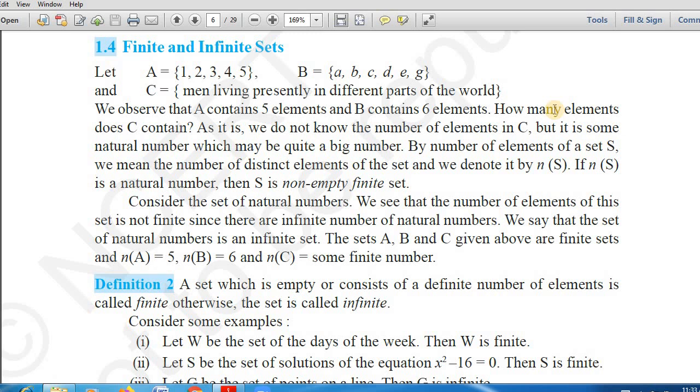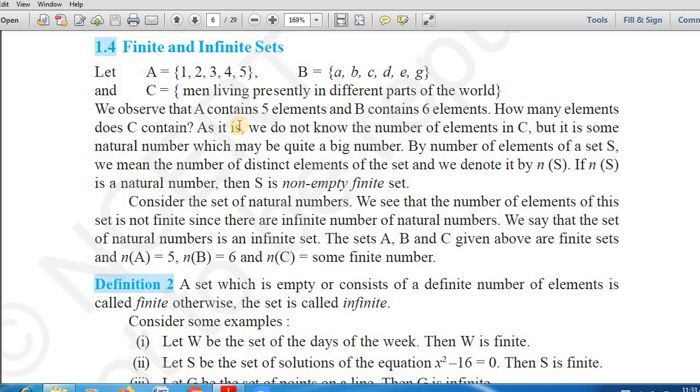Dear students, today we are going to discuss finite and infinite sets. As we discussed earlier, in terms of the number of elements, sets are classified.